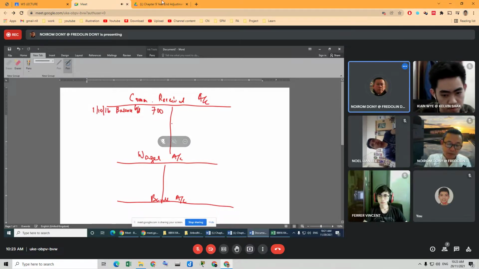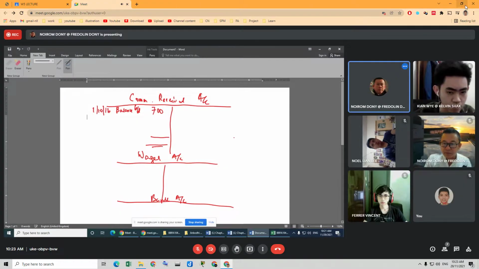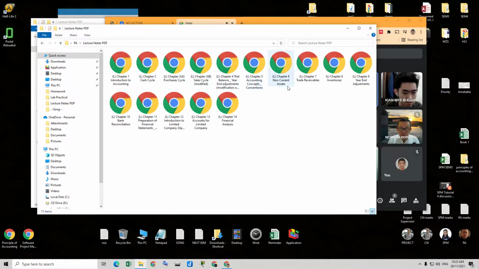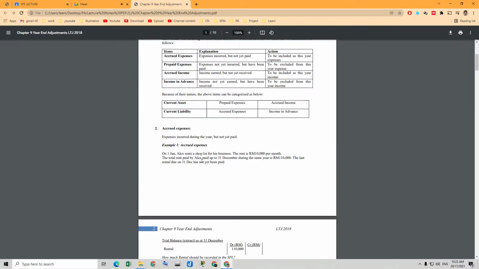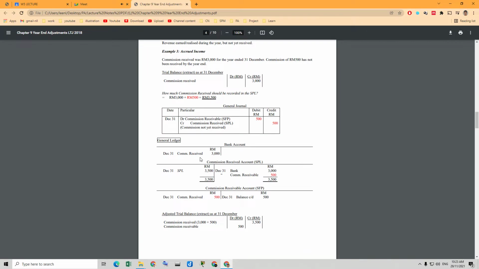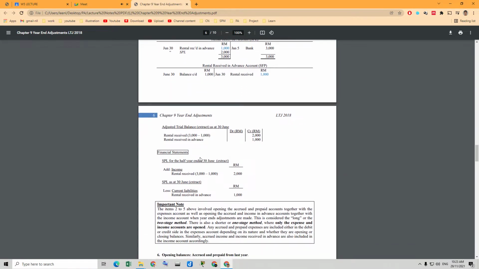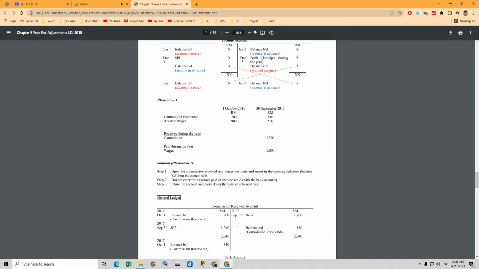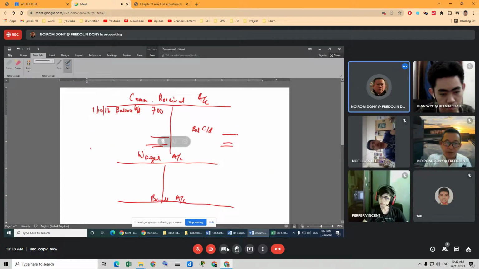Now 30th of September, I make a total line, and I remember the format that is given in the notes. So you have 30th of September 2017, and the description is still commission receivable. Again, that is indicating to me we still have a debit closing balance.